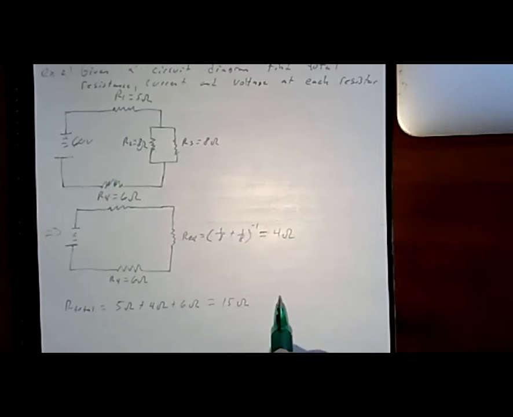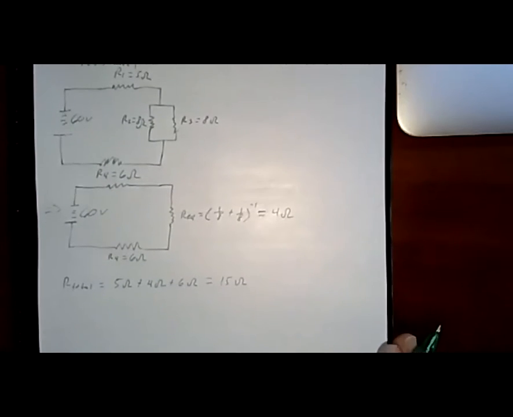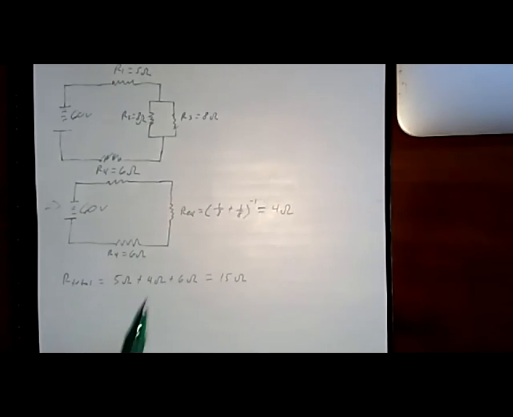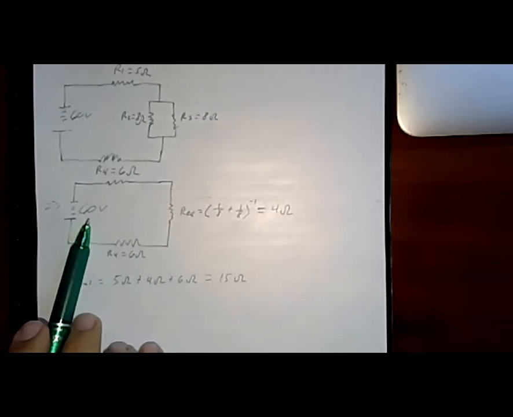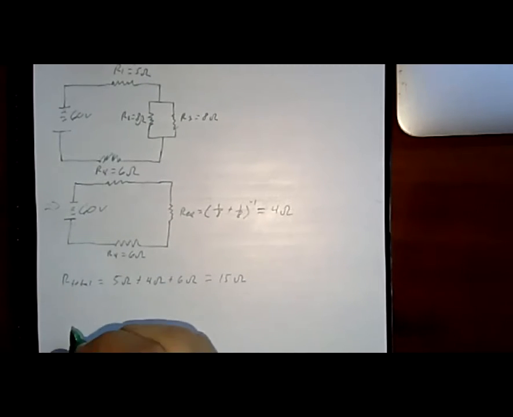Okay, so now that we have 60 volts, forgot. Now that we have the total resistance, we have the total voltage, we can calculate total current.